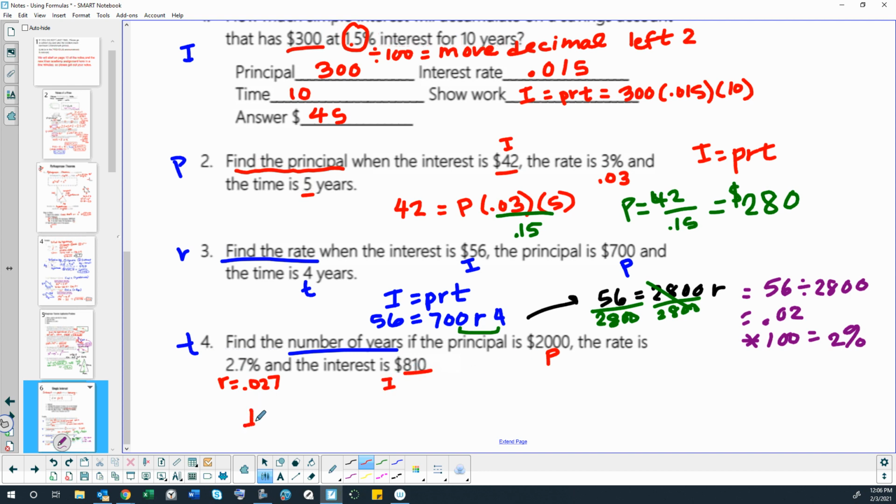So again, our same exact formula, I equals PRT. We're going to plug in 810 for the interest, 2,000 for the principal, 0.027 for the rate, and we don't know the time, so we have to multiply these together first, right? So multiply those.